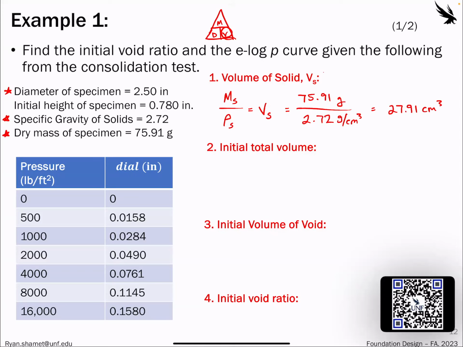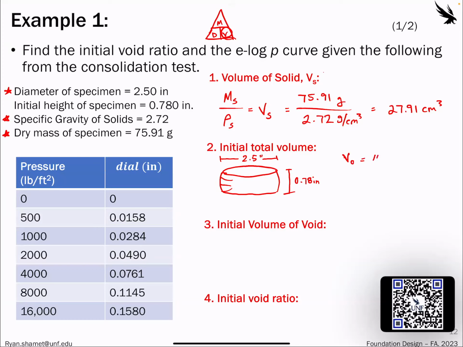Next, what we need to do is find our initial total volume. Remember that we're talking about this little sample hockey puck of clay that's taken from our Shelby tube. We're given the diameter of this sample of 2.5 inches, and we're also given the initial height of our specimen, 0.78 inches. So we can find our total initial volume.